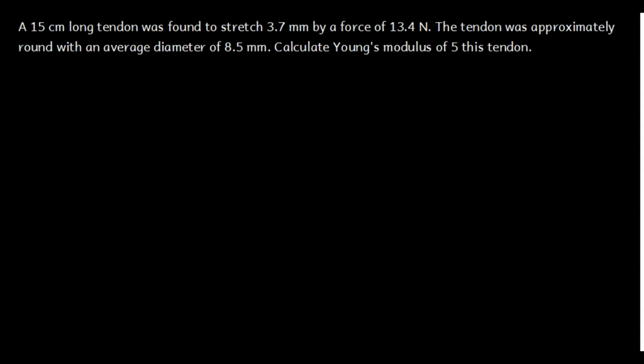Calculate the Young's modulus of this tendon. That 5 is not supposed to be there. So we know that Young's modulus is the force times L initial divided by area times change in L.